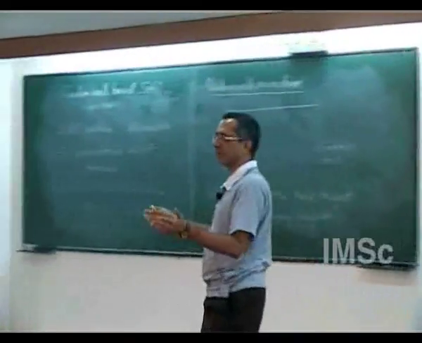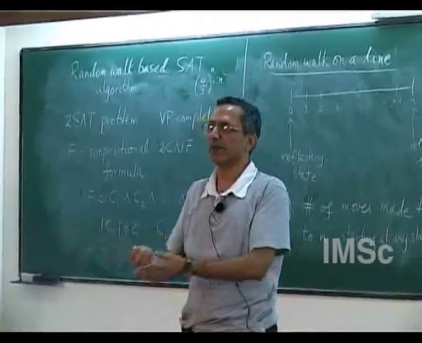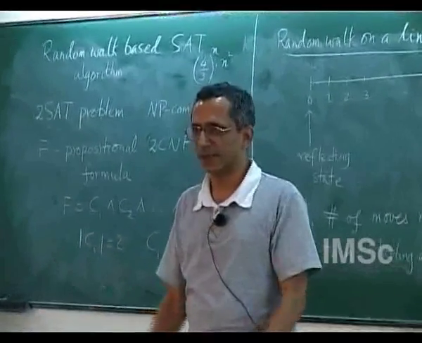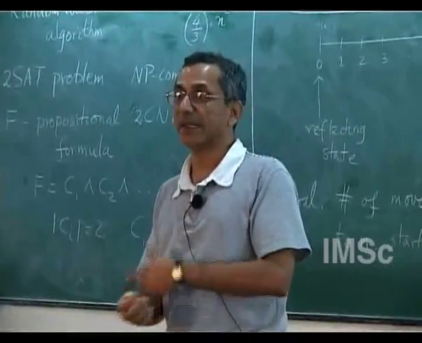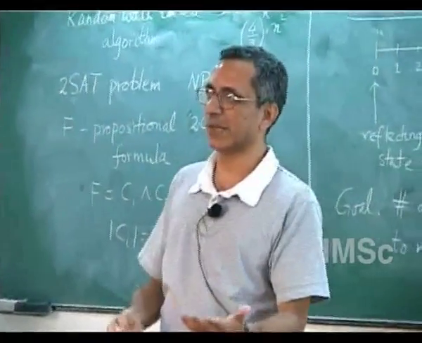If F is not satisfiable, you'll never find a satisfying assignment. So whenever you stop, you will say the formula is unsatisfiable. What you're really interested in is that if F is satisfiable, you want to find a satisfying assignment with high probability.